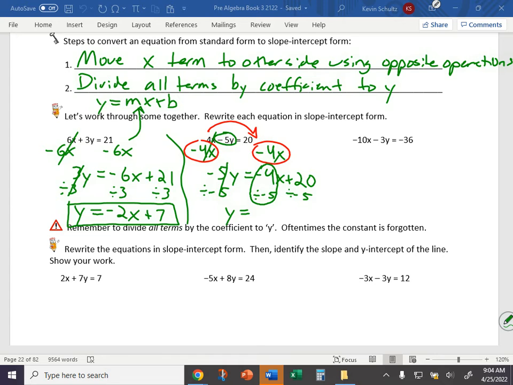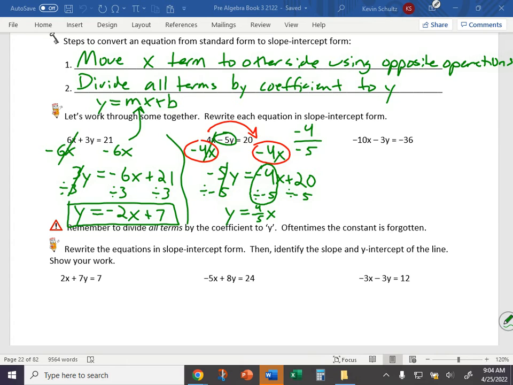So negative 4 divided by negative 5. What is that fraction in simplest form? Positive 4/5.